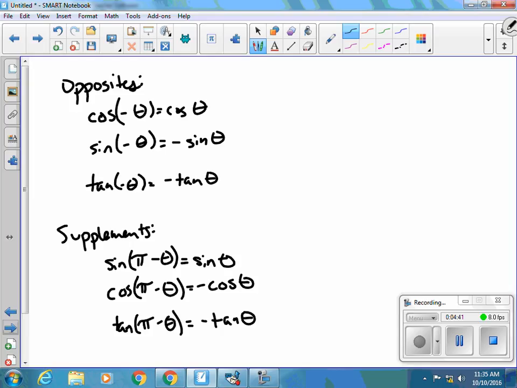So you could look at it as 180 minus our theta value. Again, what they're going to be doing is asking you to apply these different values, and they're going to say, find the sine of theta when your angle is pi minus some value. And you just plug it in and go about your routine here.